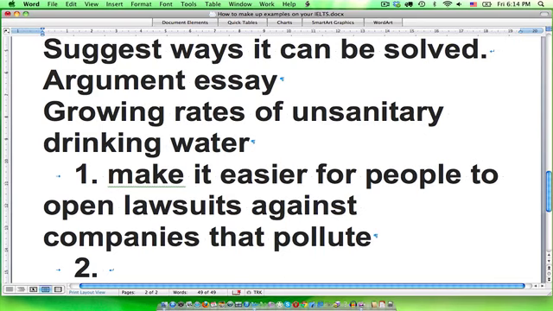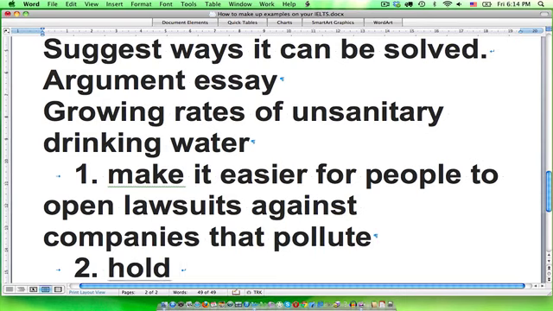Okay, and then perhaps supporting point two could be something along the lines of holding companies accountable for their actions, and perhaps we could do this by forcing companies that work near sources of drinking water to have regular meetings with the communities that exist around those areas and that consume that drinking water.